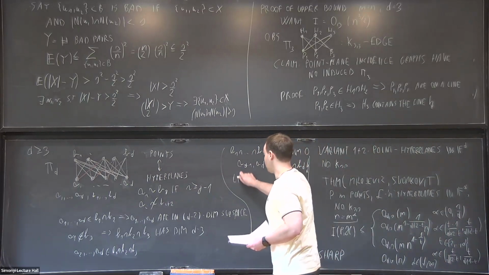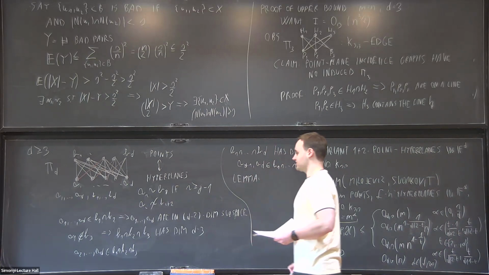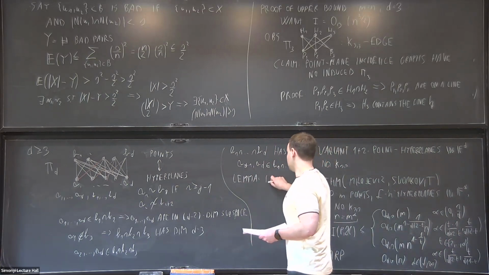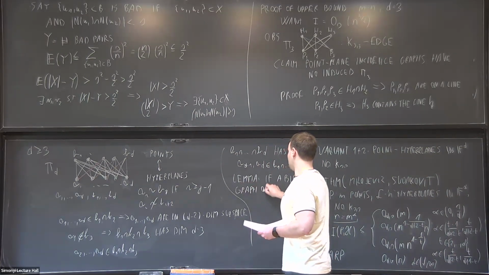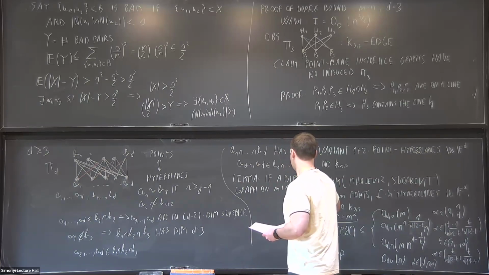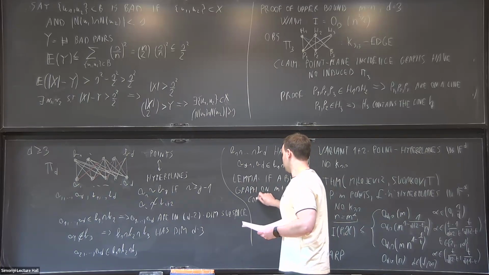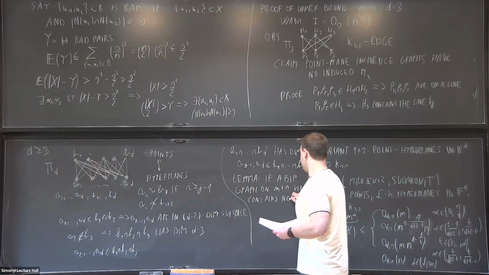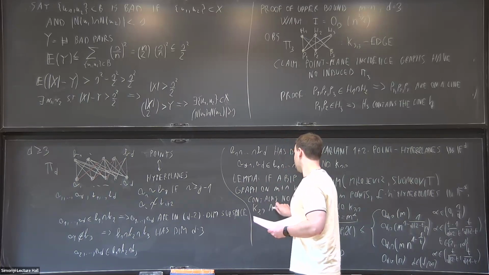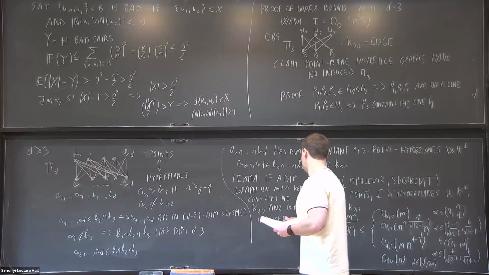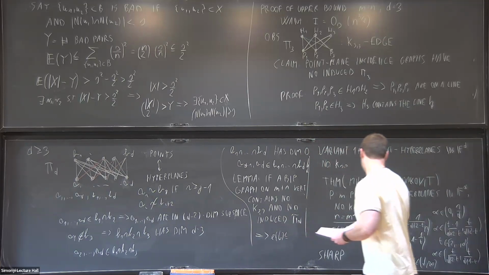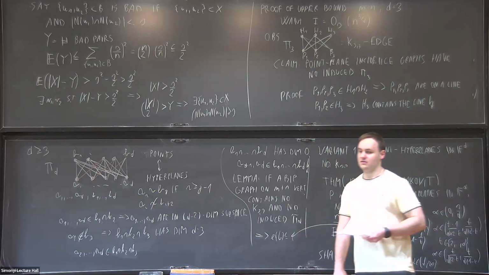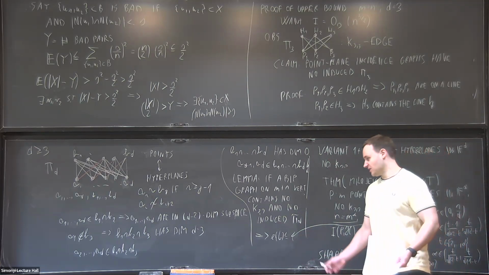Our main lemma is that again we forget about points and hyperplanes, and we just show that if a bipartite graph G on m plus n vertices contains no K_{s,s} and no induced pattern for d, then the number of edges of G is bounded by exactly this bound, which I will not write up. And this is basically the whole proof.